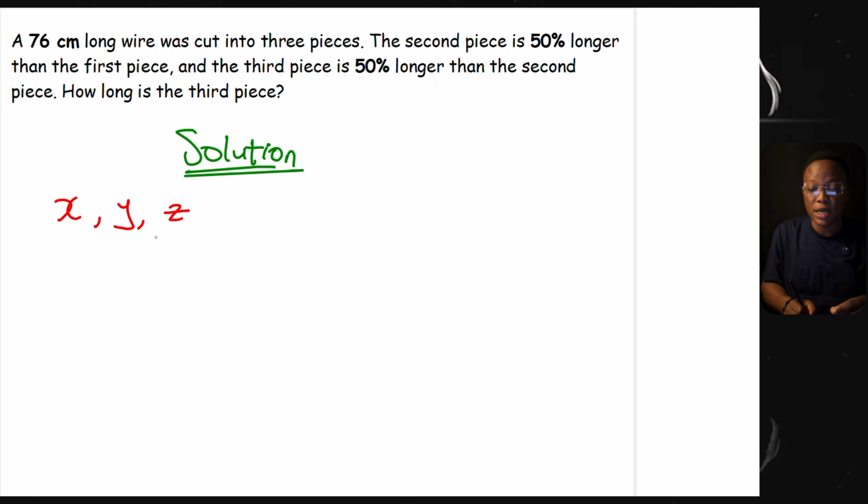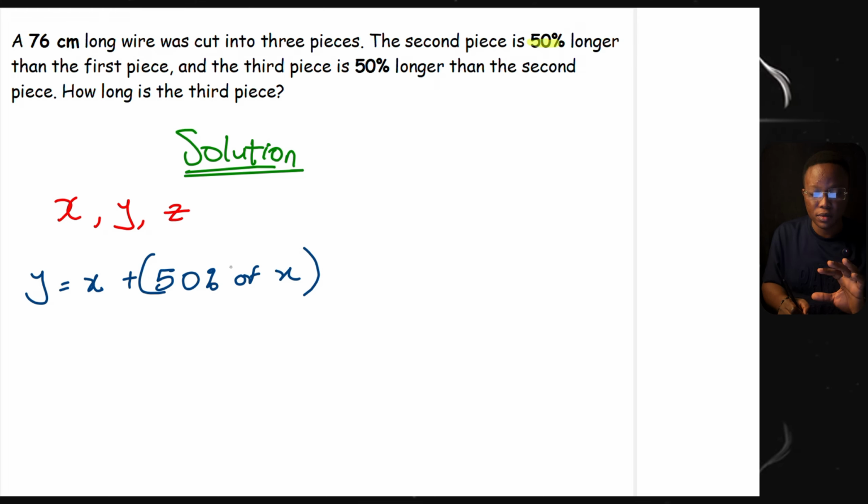Now the question says that the second piece is 50% longer than the first piece. That means we can say that Y is X plus 50% of X. Right?